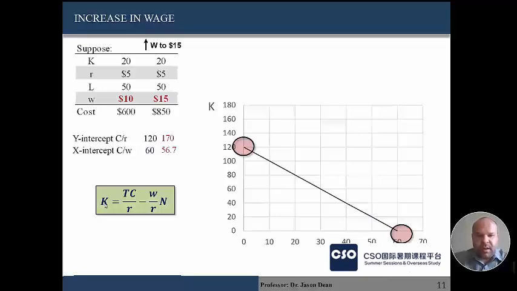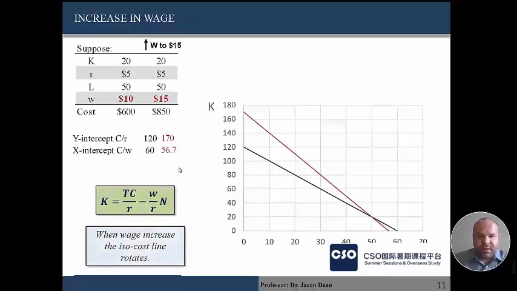If we look at the equation for the ISO cost line, we can see that total cost will increase. The slope is going to become steeper, the y-intercept is going to be higher, and the x-intercept will decrease slightly.